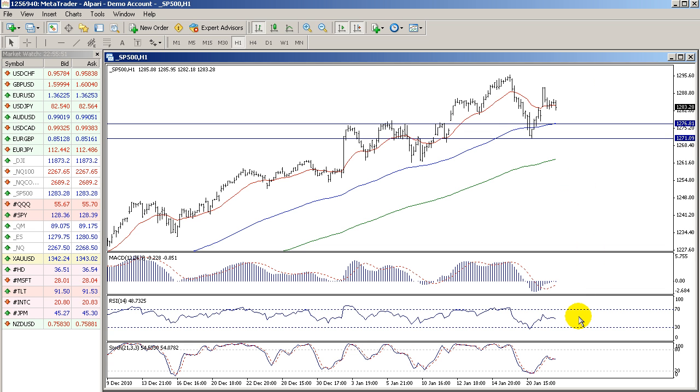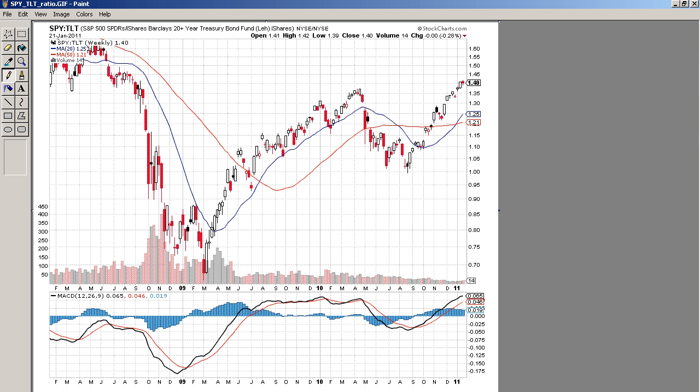Let's move to some of the other indicators that we follow. First, let's take a look at the SPY, S&P 500 divided by Treasury bond ratio, SPY divided by TLT ratio. And what you can see here is a strong uptrend, which means the investors still prefer equities over bonds. And because the trend is quite strong, this is a weekly chart, so it will take several weeks, probably months, for this to change.